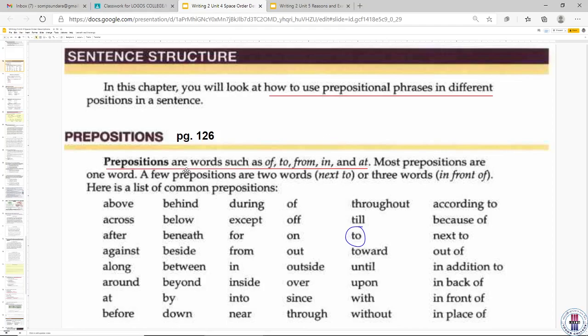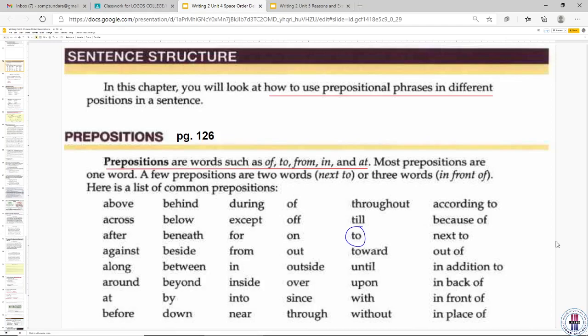So quick review, prepositions are words such as of, to, from, in, and at. Right? And most prepositions are just one word. A few prepositions are 2 words, such as next to, or sometimes it could be 3 words, in front of. Right? And they give you a list of the common prepositions in English language.